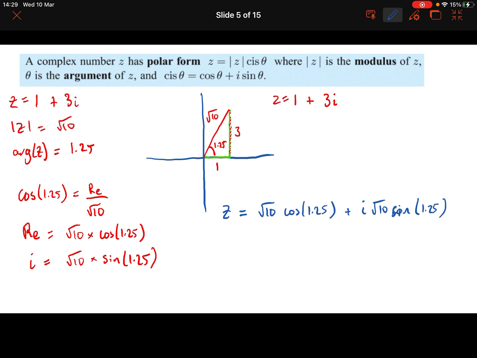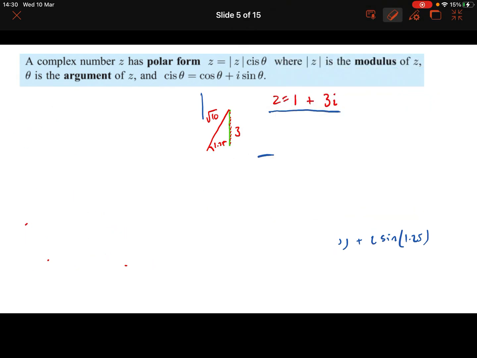And now I can factor out the root 10, so it becomes root 10 times cosine of 1.25 plus i sine of 1.25. Okay, so it's a trigonometric way of representing exactly the same thing. So we can sort of formularize this.